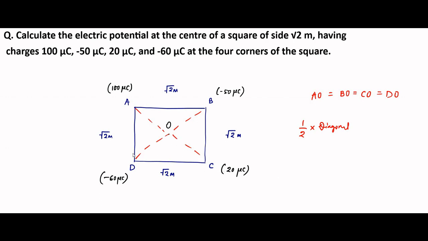So AC and BD is equal to the diagonal, which is equal to root of root 2 square plus root 2 square, which is equal to 2 plus 2, that is equal to root of 4, that is equal to 2 meters. So half of AC and BD is equal to 1 meter. Okay, AO, BO, CO and DO.